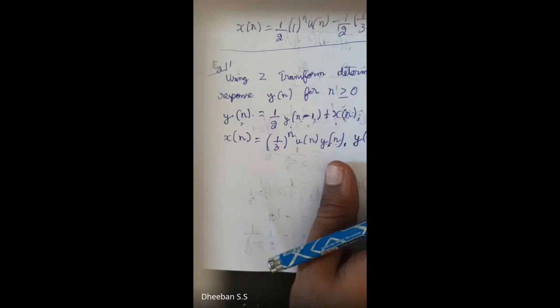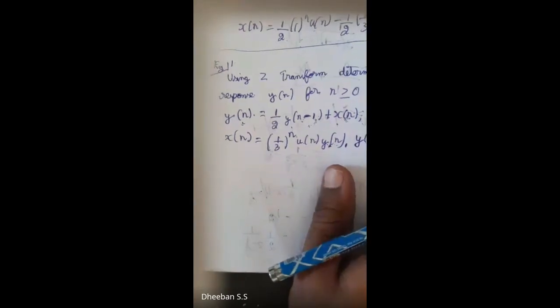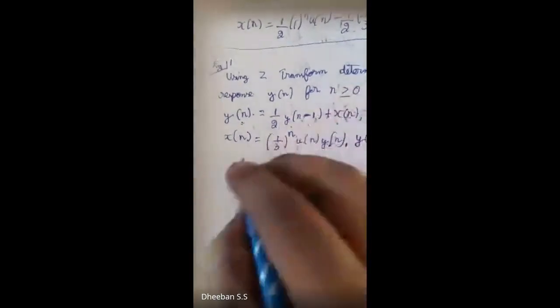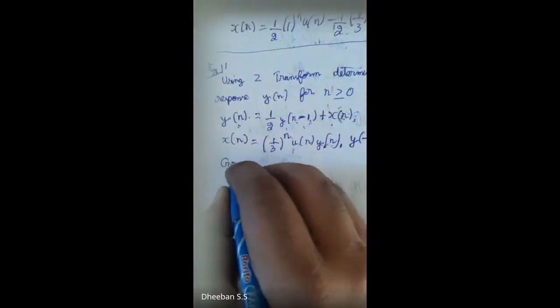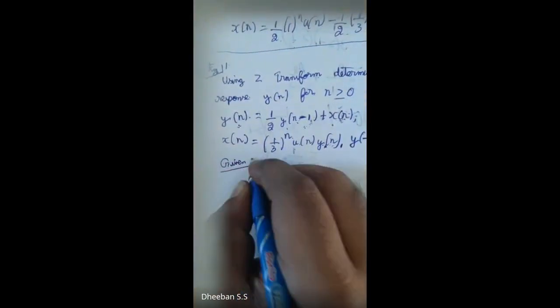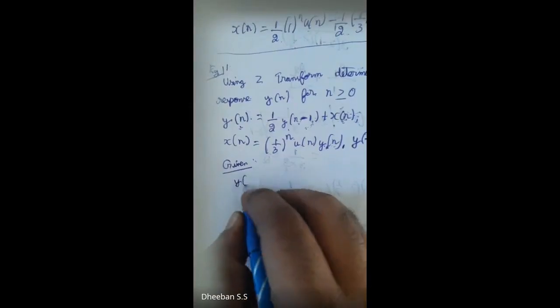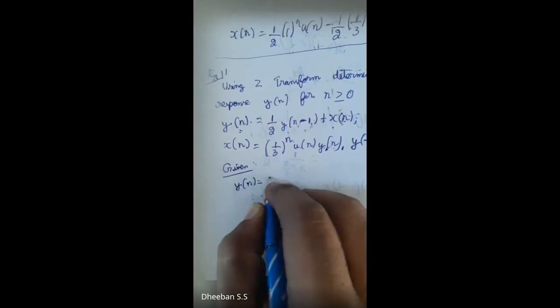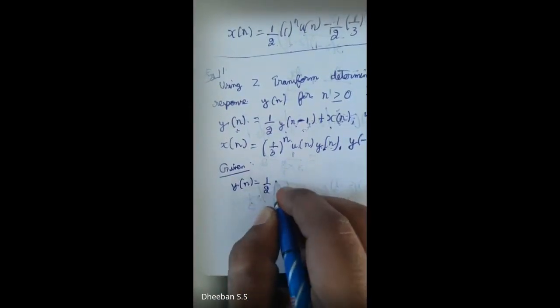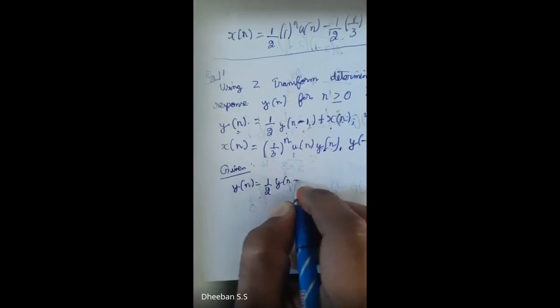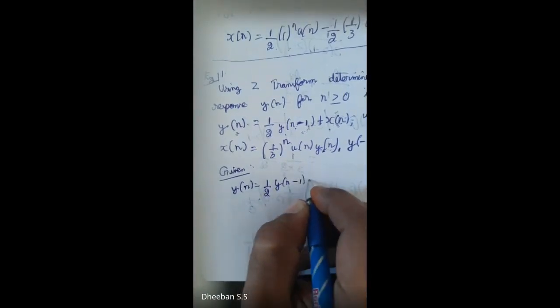So you can hear me, right? Yeah. So here the given is y of n is equal to 1 by 2 y of n minus 1 plus x of n.